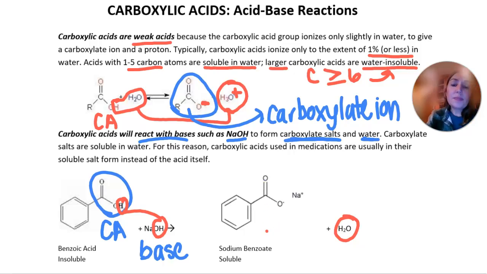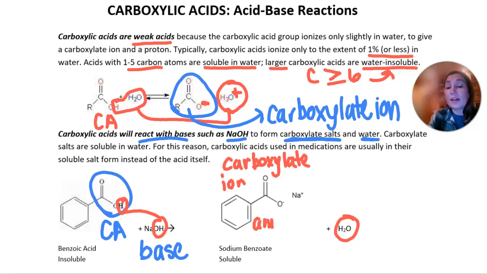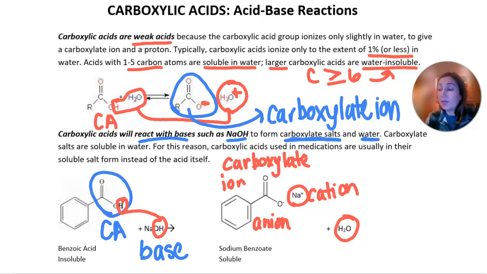This carboxylate ion, I'm going to label it again. Here's our carboxylate ion. This carboxylate ion is an anion, and Na plus is the counter ion, or the cation, to the carboxylate anion. So we've got a cation and an anion, and we have a salt and water.